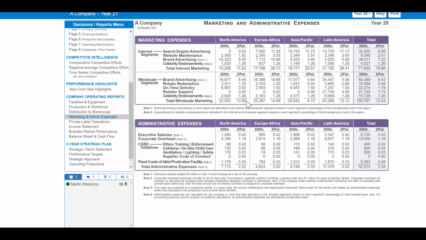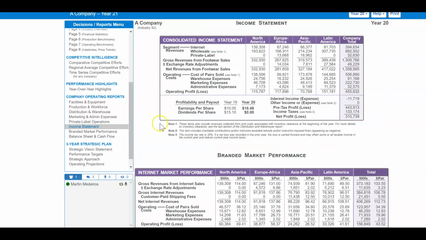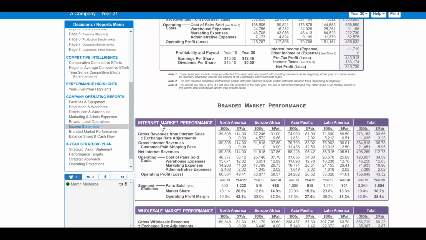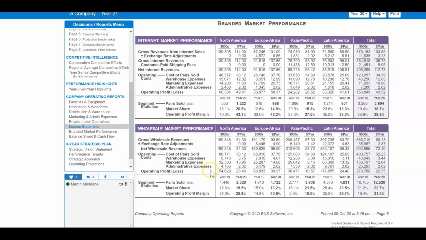Now this doesn't take into account advertising, production, distribution. So if I were to go to the income statement, you could see that $14 per pair shows up right here for North America. And you can see overall their profit per shoe in North America was $23.46.